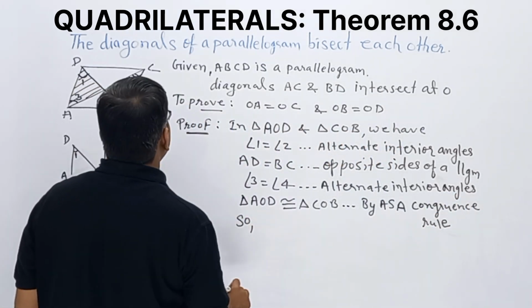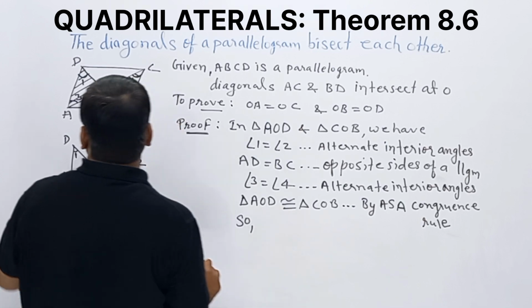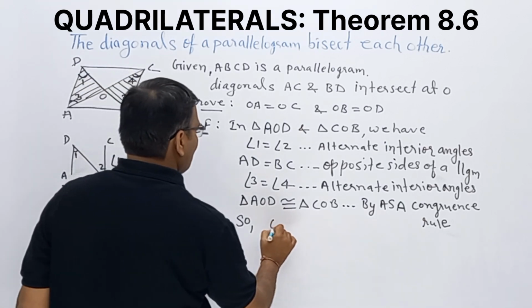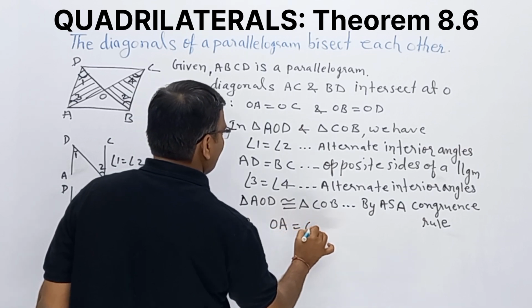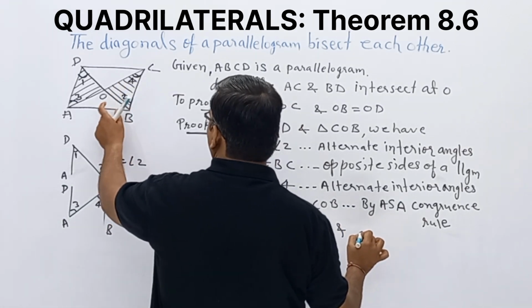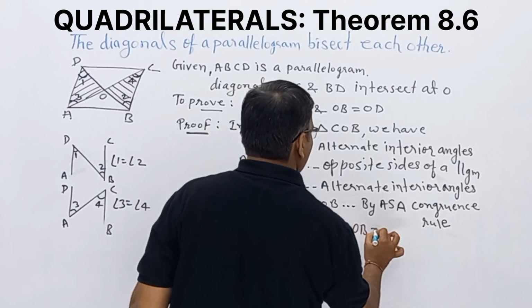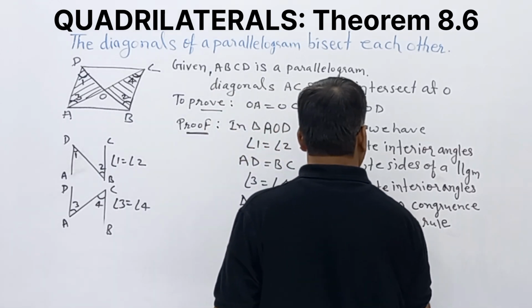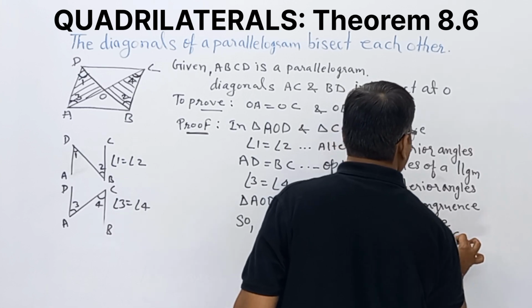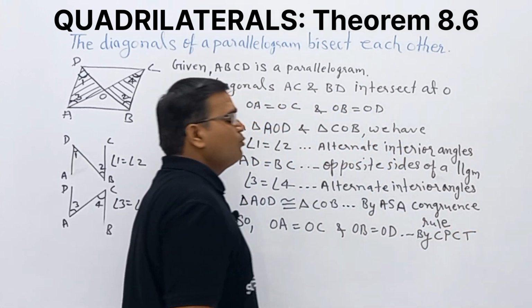So for these triangles, OA will be equal to OC, and OB will be equal to OD by CPCT, corresponding parts of congruent triangles.